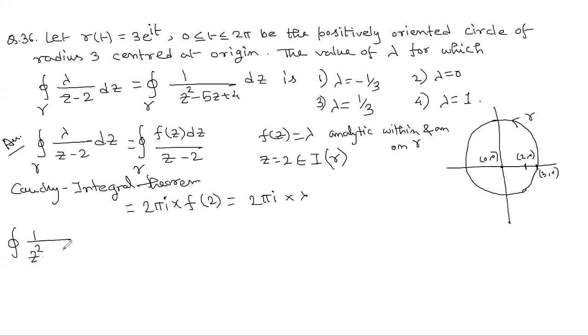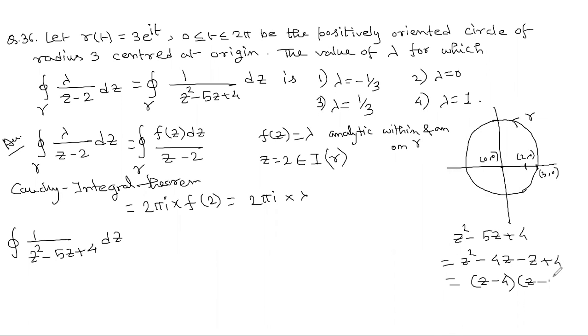Now regarding the second integral, 1 by z square minus 5z plus 4 dz. So z square minus 5z plus 4 is equal to z square minus 4z minus z plus 4, which is equal to z minus 4 into z minus 1.